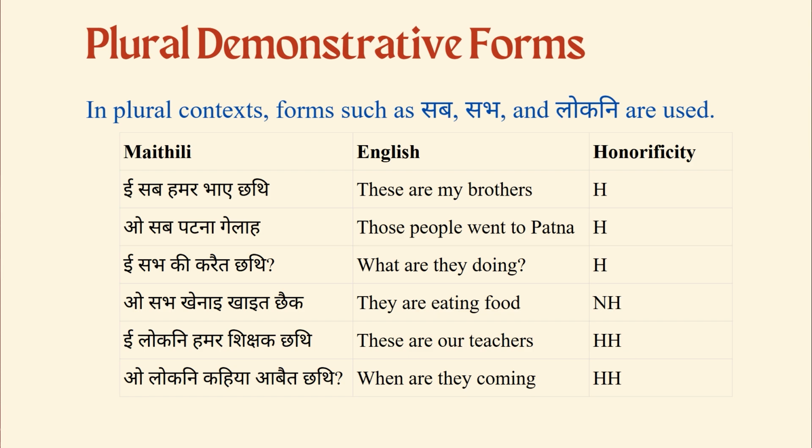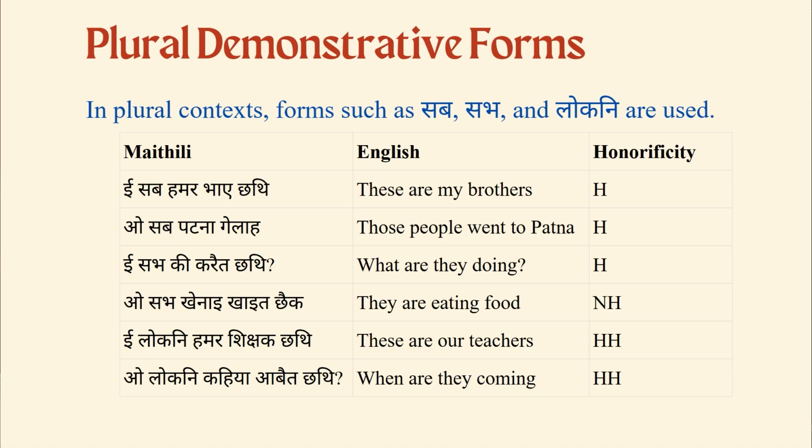First of all notice that ई we cannot use to distinguish between honorific and non-honorific because e has only one form. But we can distinguish the honorificity based on the verb form, which is chait or chati, as it is pronounced in some dialects.